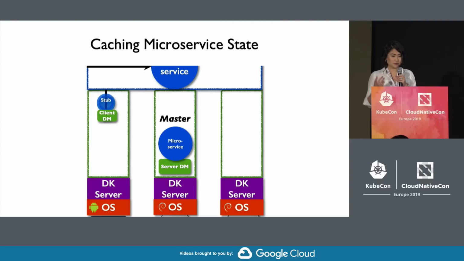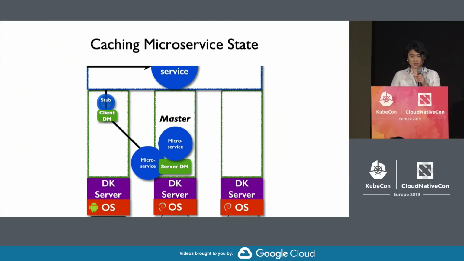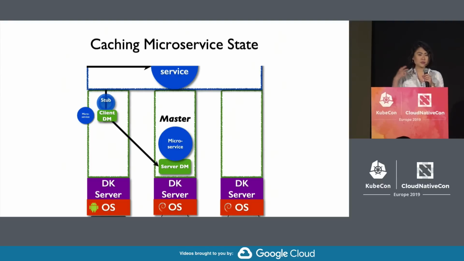So then instead, from the callee, the other microservice or mobile device that's making the call to this microservice, we actually create a copy of the microservice and cache it inside the client-side deployment manager. So in that case, we can now have much lower latency access to our local copy of the microservice. But of course, now we have to keep that microservice consistent or coordinated somehow with the master microservice.